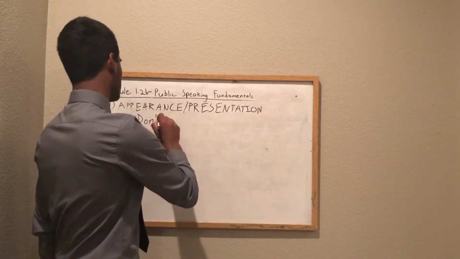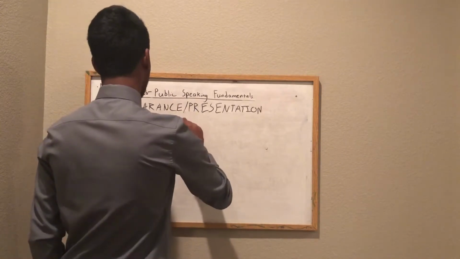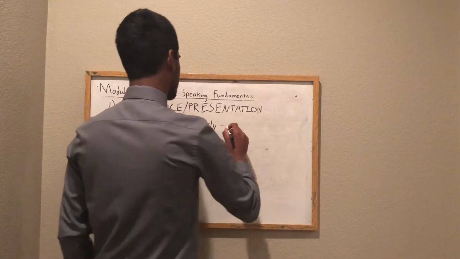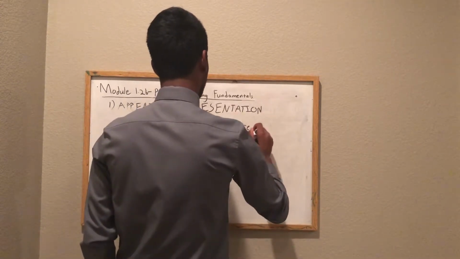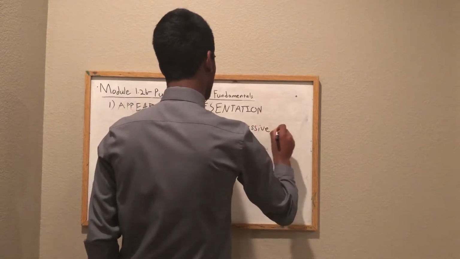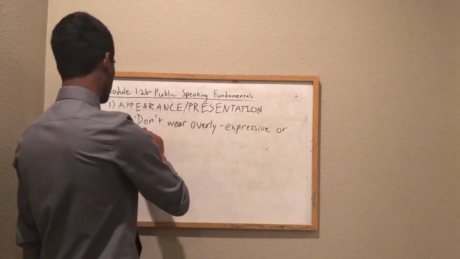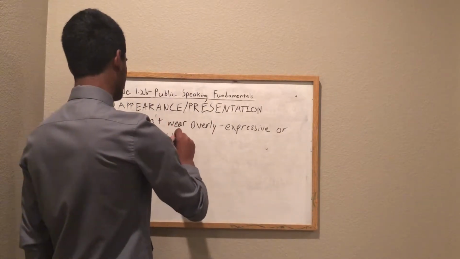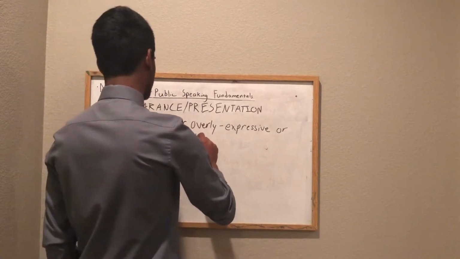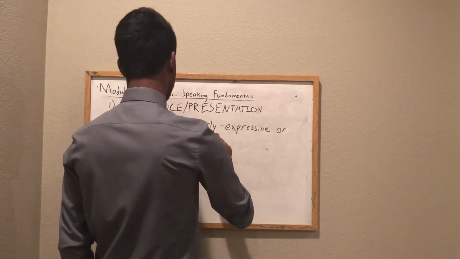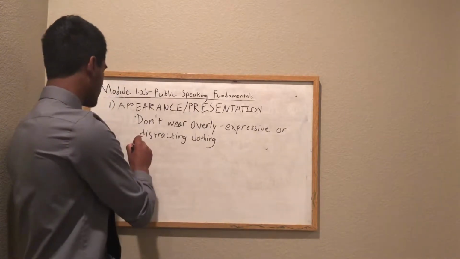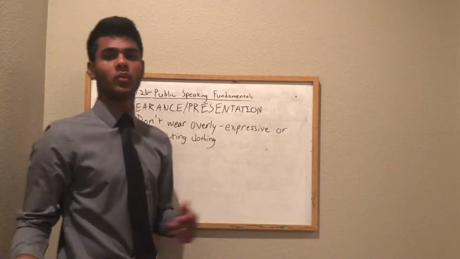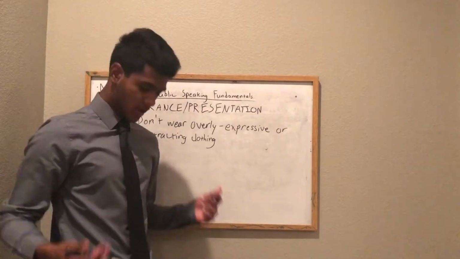Don't wear overly expressive or distracting clothing. As a general rule, you want to wear something formal, like what I'm wearing right now. I'm wearing a shirt and a tie.